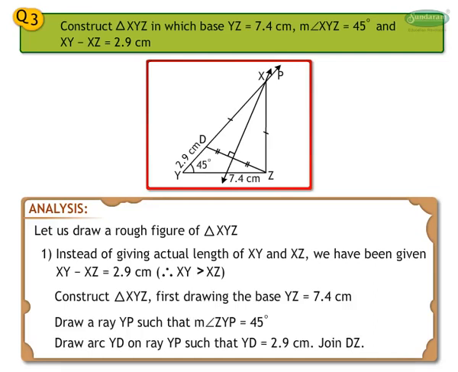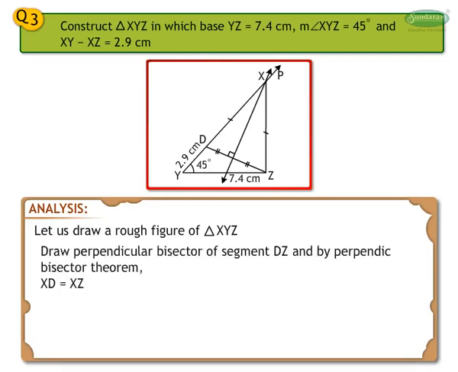Join DZ. Draw perpendicular bisector of segment DZ, and by perpendicular bisector theorem, XD is equal to XZ. Mark this point as X on ray YD such that points Y, D, X are collinear.